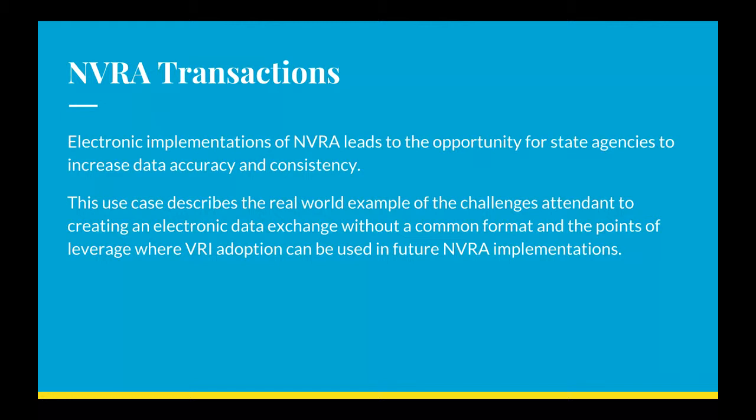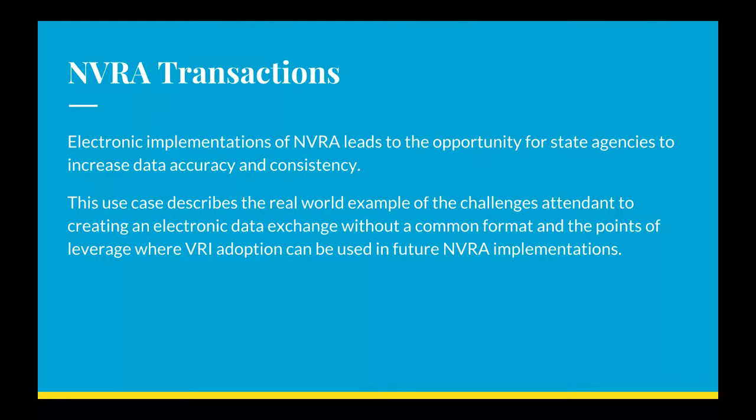Most commonly, this is known as the motor voter law, because the Departments of Motor Vehicles are the primary agencies that are affected by NVRA. As I also mentioned, Virginia, and other states as well, have implemented an electronic record transaction interchange.